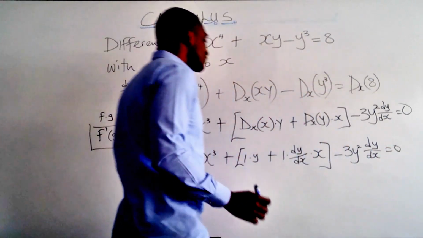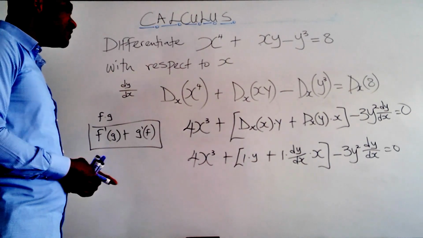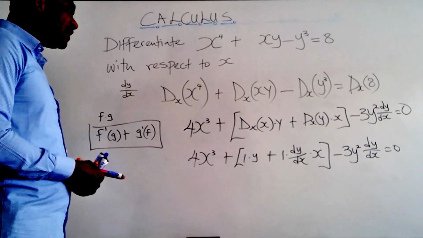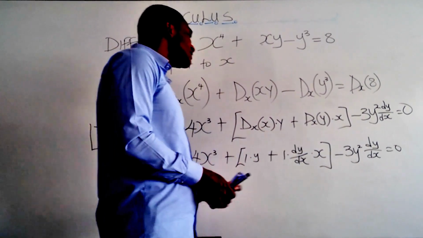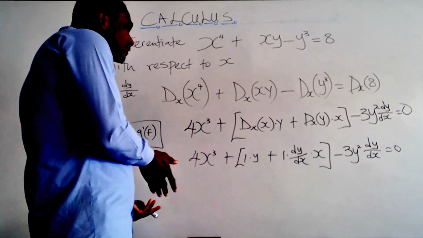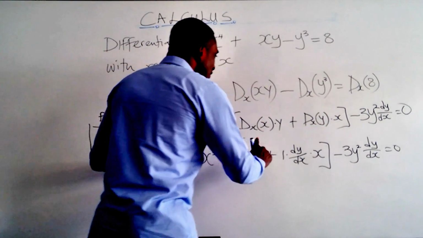What do we do? We simplify by collecting items. So everyone that has dy over dx attached to it, we put it on one side and the other ones go over. Now, this is what we are going to have.